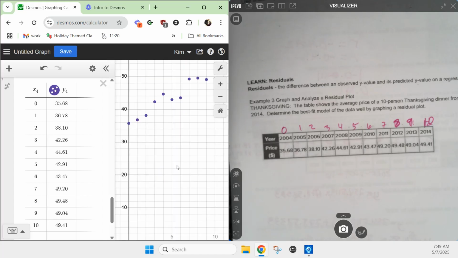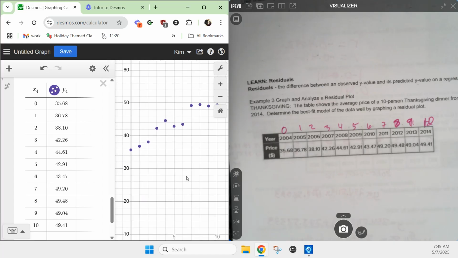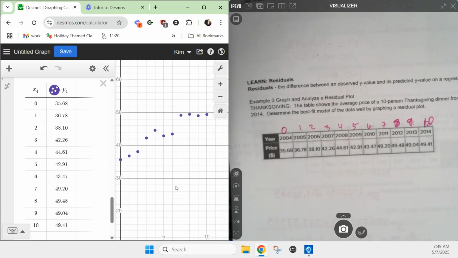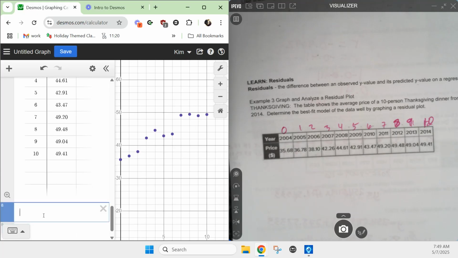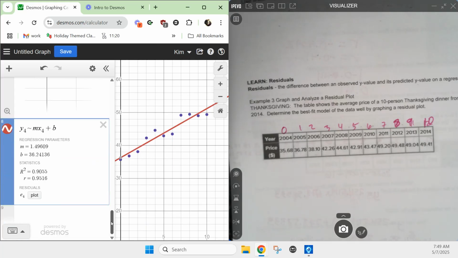So here's my data. Now I'm going to make my equation, y sub 4 squiggly m x sub 4 plus b. And here's my equation of the line.